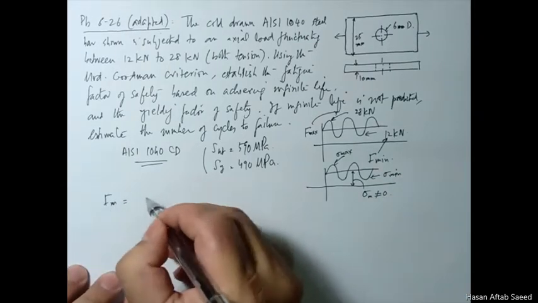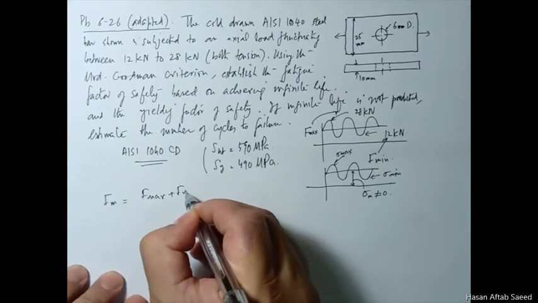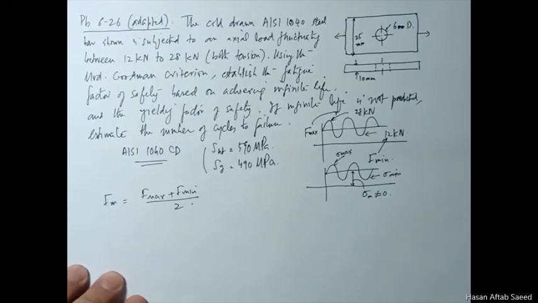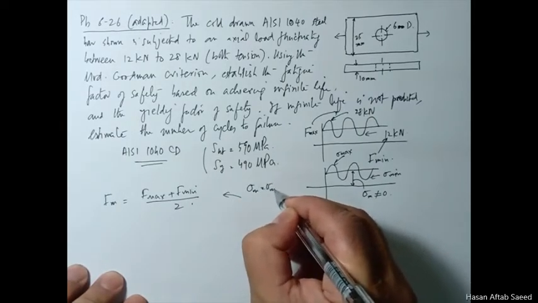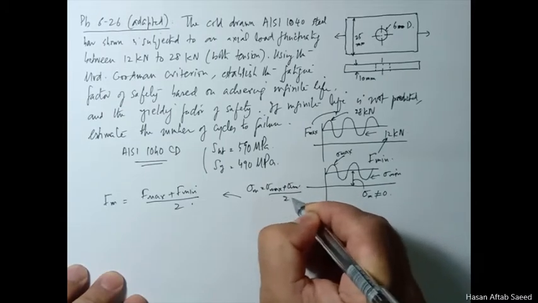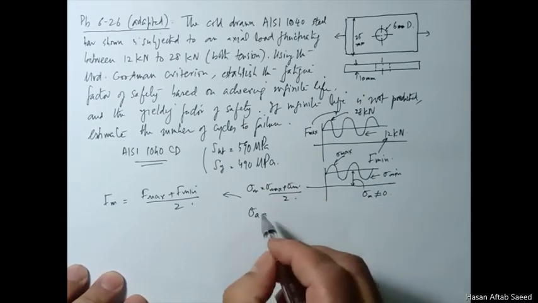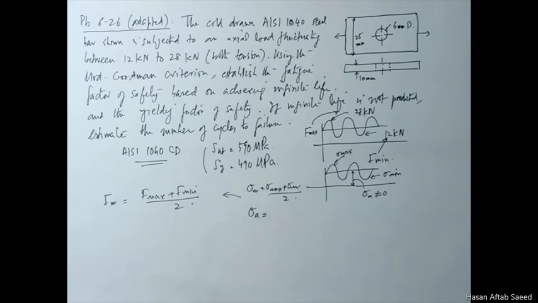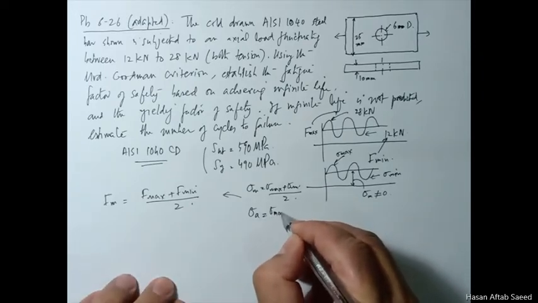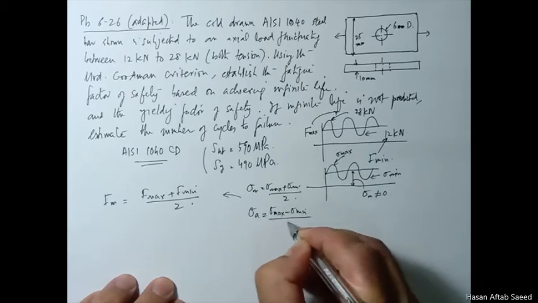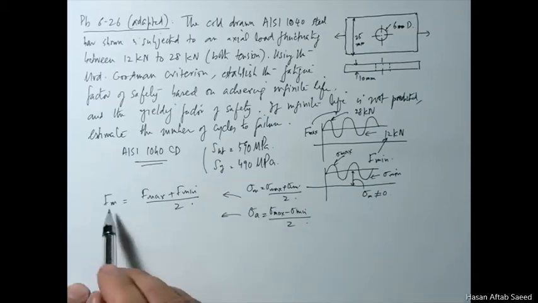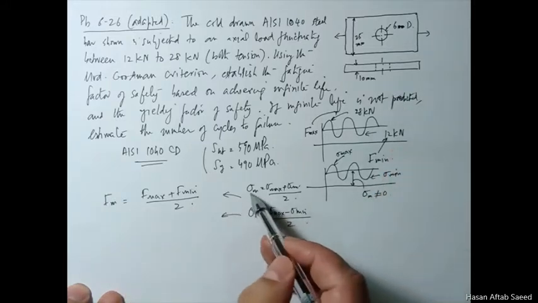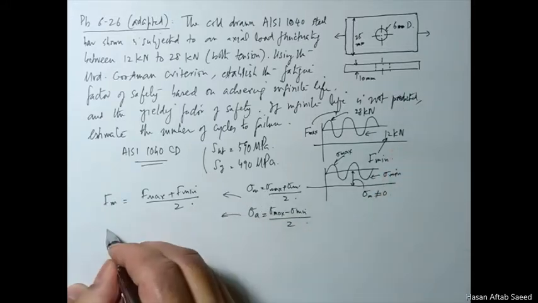F mean is F max plus F min over 2. Now you may be familiar with another form of this. Sigma mean is equal to sigma max plus sigma min over 2, and similarly sigma a, this is the amplitude component, sigma max minus sigma min over 2. But the equally valid expressions are force expressions, and if you get Fm and Fa first and then divide by the areas, you'll again get these, so it's the same thing.